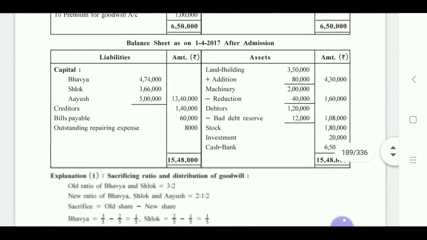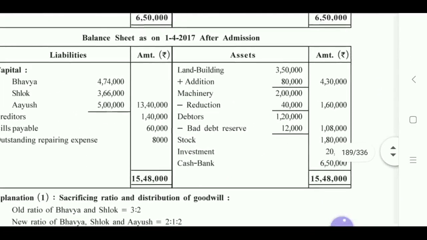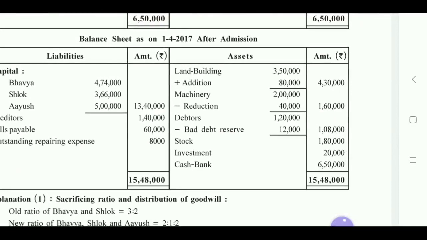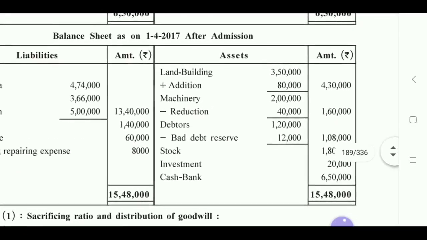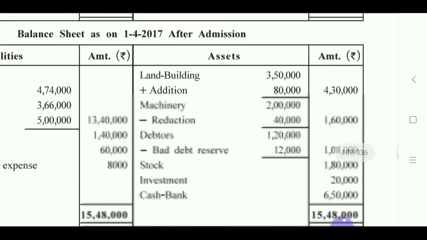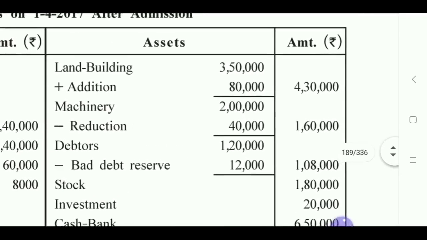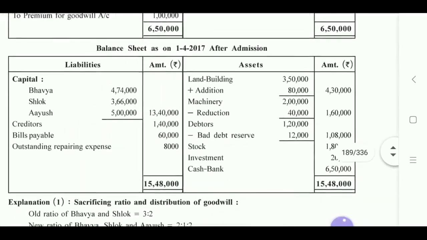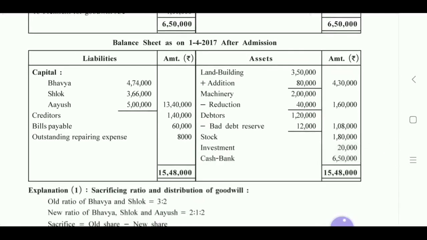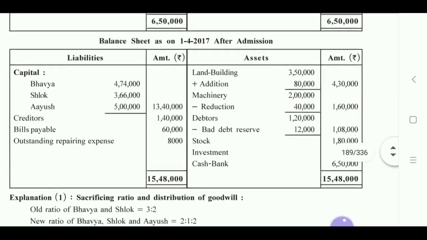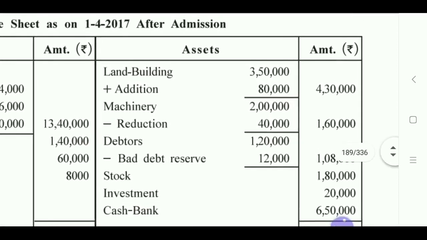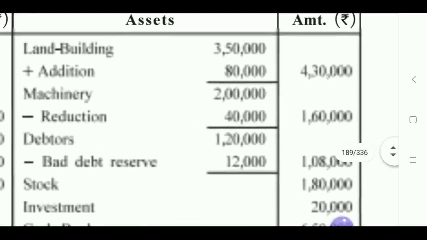I'll explain. We have understood about land and building. Then regarding machine, there was an adjustment that the value of machine has decreased, so the new value is 1,60,000. Always remember that you are supposed to write the new values of an asset and liability in the balance sheet. So the new value of building was 4,30,000. New value of machine is 1,60,000.